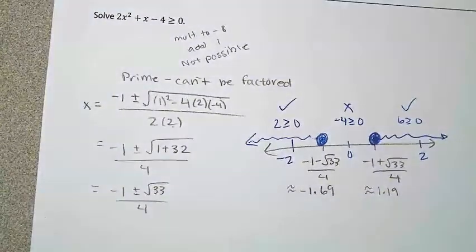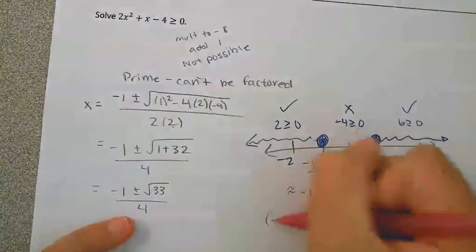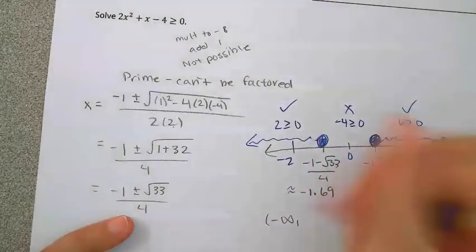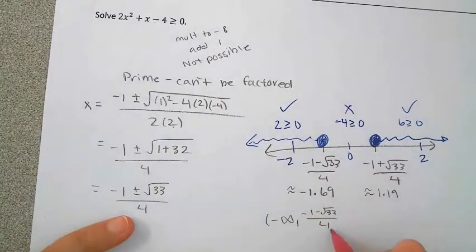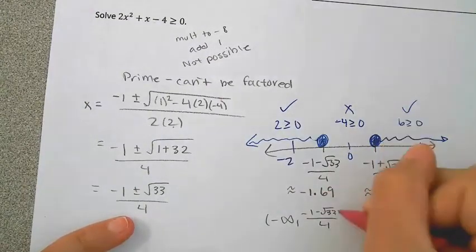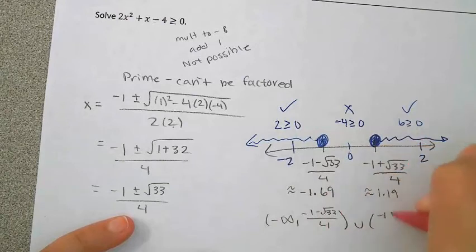So that tells me my solution set is from negative infinity to negative 1 minus the square root of 33 over 4, and I use that because it's more accurate than my approximations, union negative 1 plus the square root of 33 over 4 to infinity.